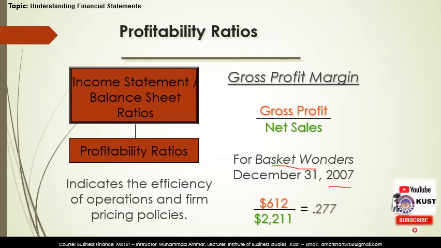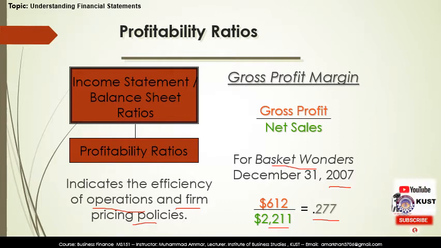For gross profit they have taken $612, divided by 2211, which is net sales. So we get the answer 0.277. What does this indicate? It indicates the efficiency of the operations and firm pricing policies.